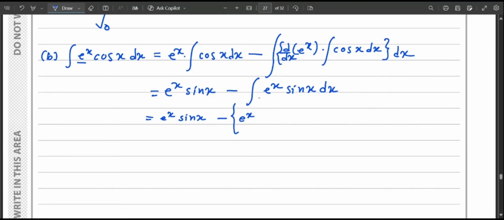We take the first term and multiply it with the integration of the second term, and then we subtract the differentiation of the first term, multiplied with the integration of the second term. This whole thing again will be integrated.